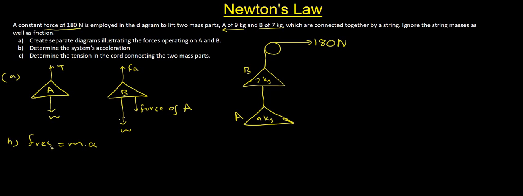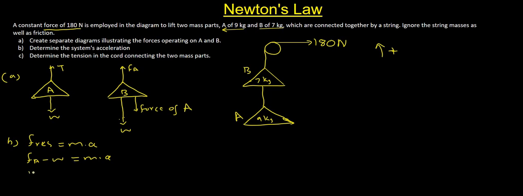So, what are the forces acting on the system? It is the force applied minus the weight. Let's take upward as positive. Hence, weight is acting downwards, so it is minus weight, and this will be equal to mass multiplied by the acceleration.